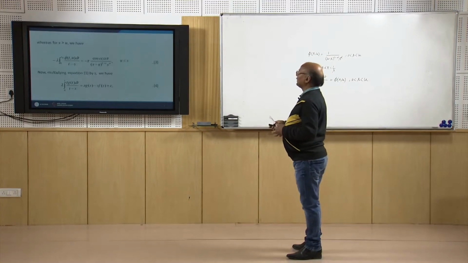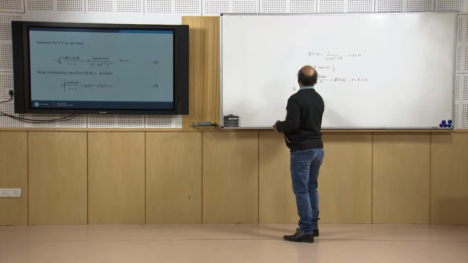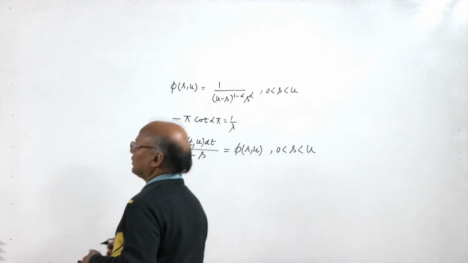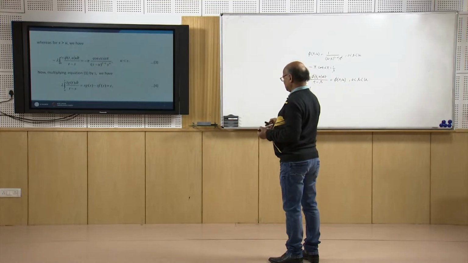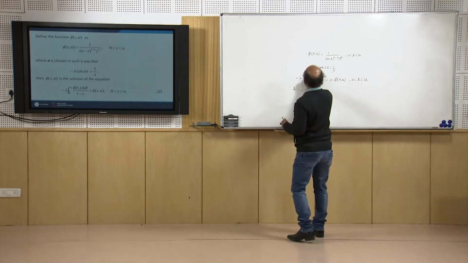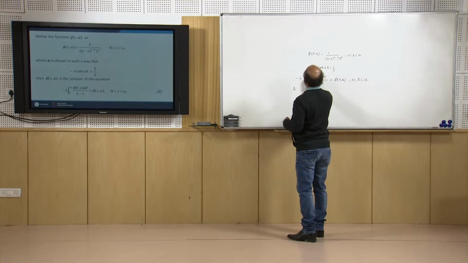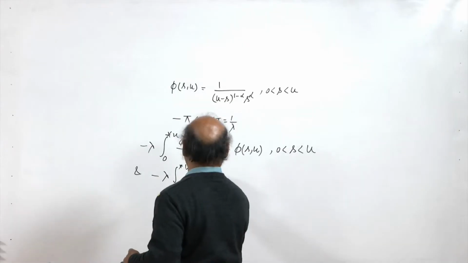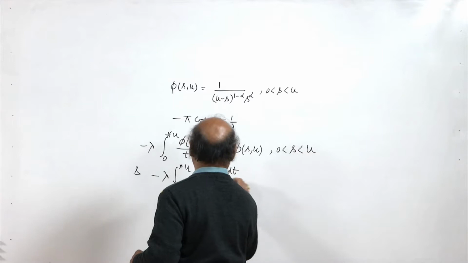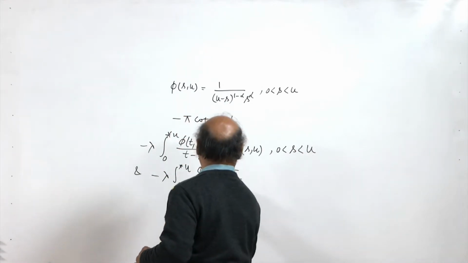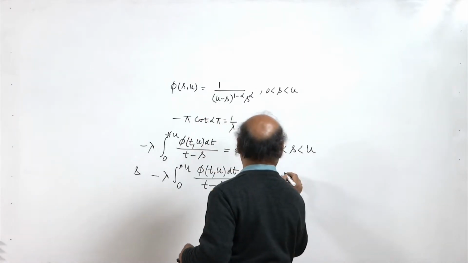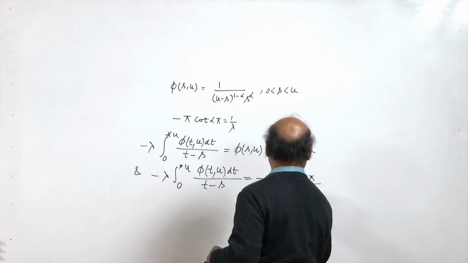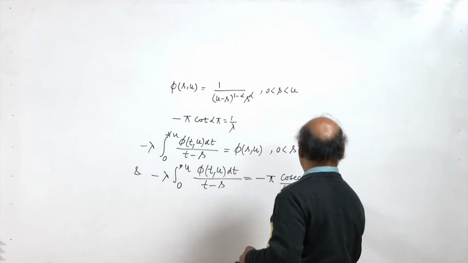And when s is greater than u, minus lambda integral 0 to u phi(t,u) dt over t minus s equals minus pi cosec alpha pi divided by (s minus u) to the power 1 minus alpha, s to the power alpha, for u less than s.